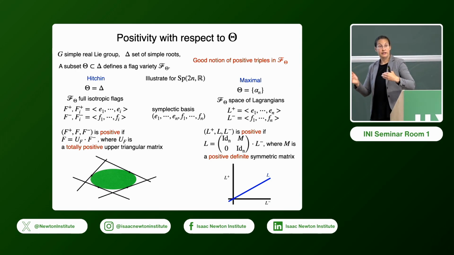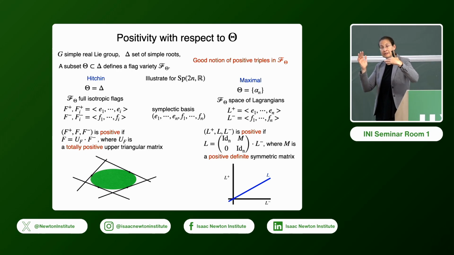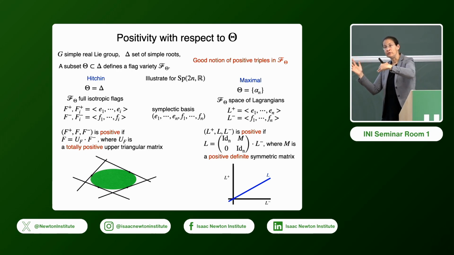For this, using the symplectic form, I can put myself in standard position. I have my vector space and a symplectic basis, E1 to En, F1 to Fn, so that the symplectic form of EiFj is delta ij, and all the other pairings are 0.